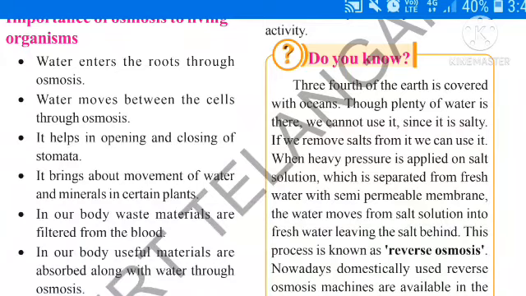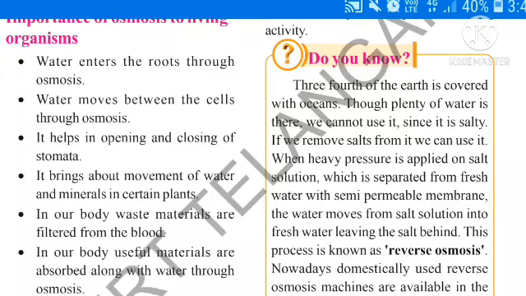So much water is there in oceans and seas, but we cannot use it since it is salty. If you remove salts from it, we can use it. If you remove salt from ocean water or sea water, we can use it very easily.